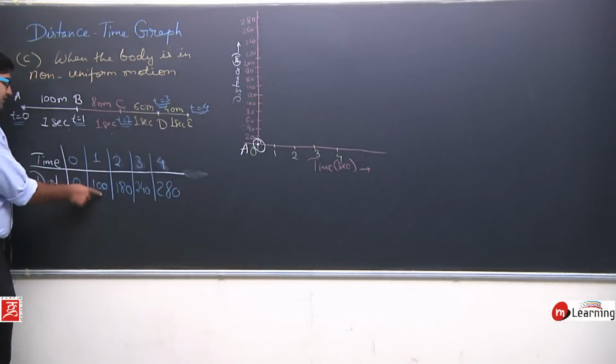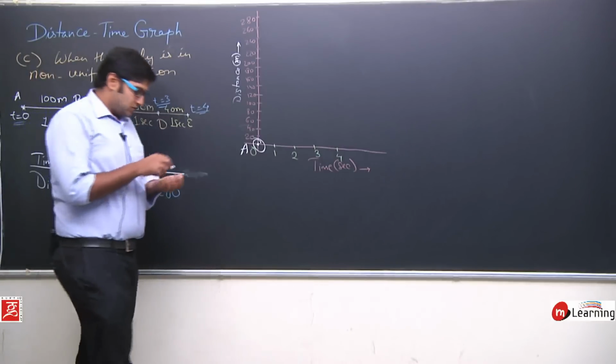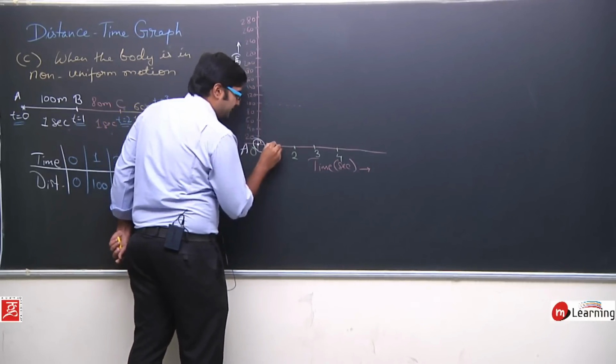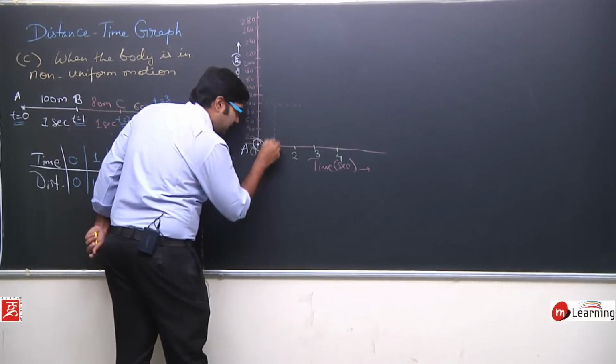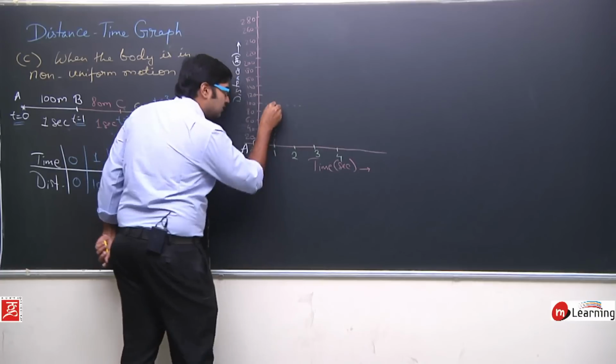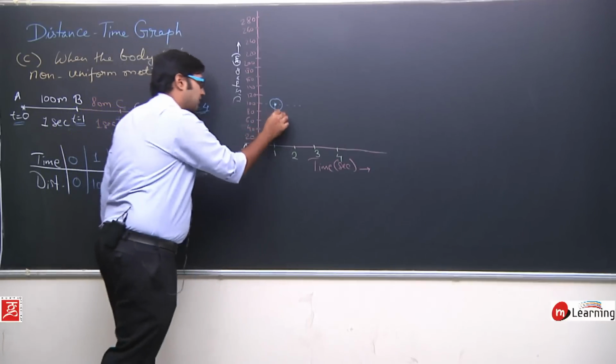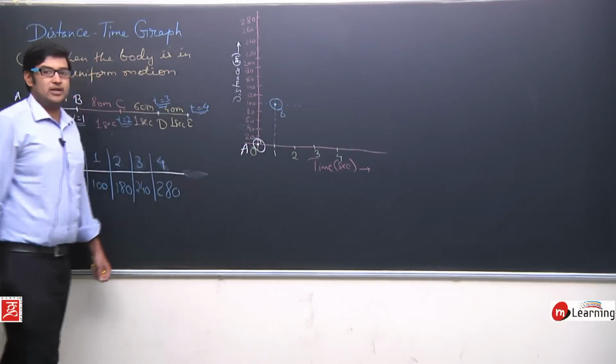Now after 1 second the object has travelled 100 meters. So where is the 100 meters? This is the 100 meters and this is 1 second. So the position of point B on this graph would be this one. This is the position of point B on this graph. So I marked the point B.